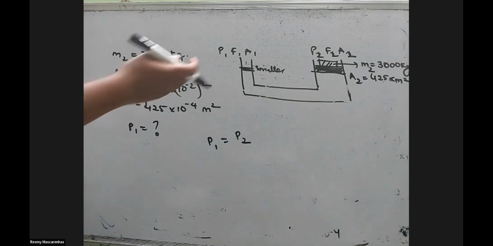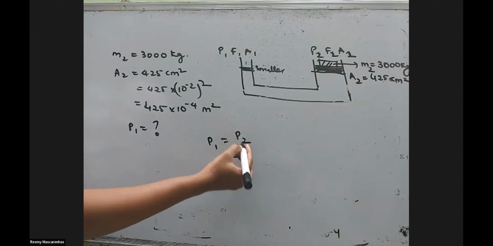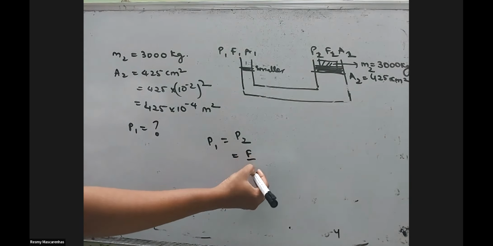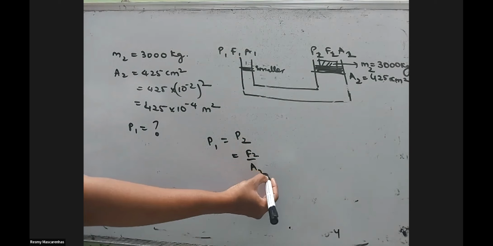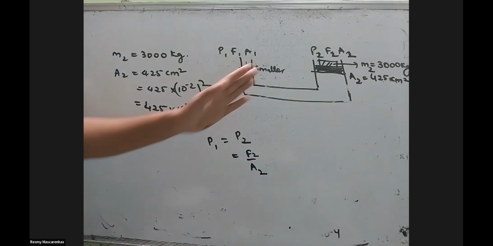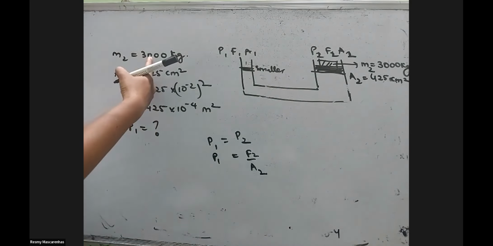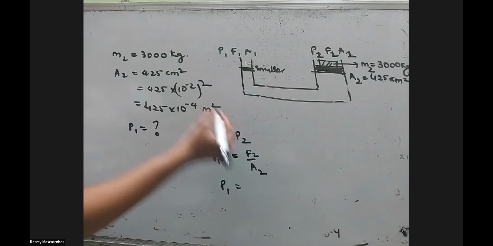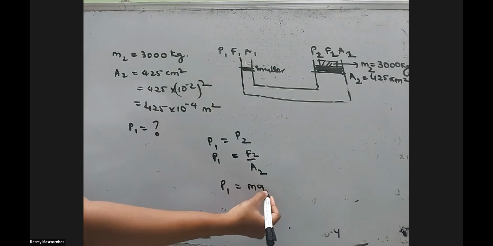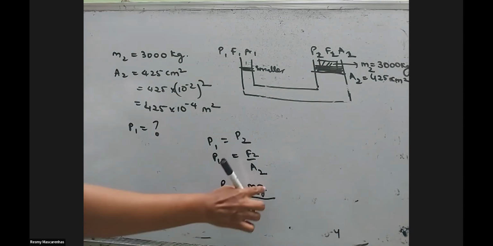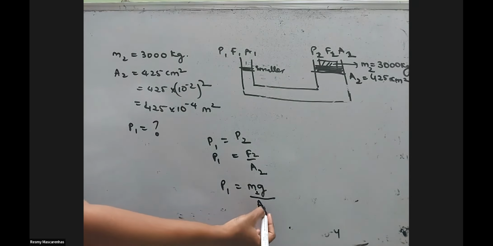So we can calculate P2 the same way. P2 formula: pressure will be force upon area. The subscript 2 will be used because we are calculating this side. Now force has not been given, mass has been given, so I can modify the formula as force written as mg. Gravity will remain the same. Just substitute now. Mass 2 is 3000.